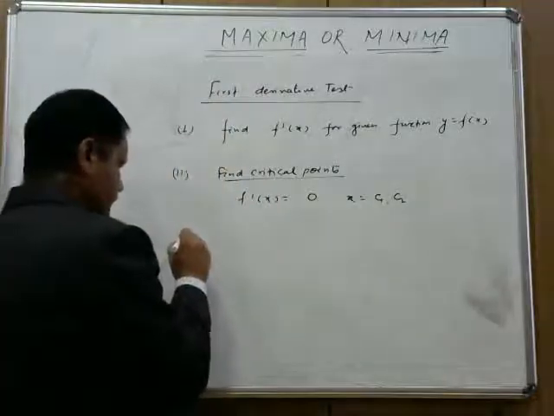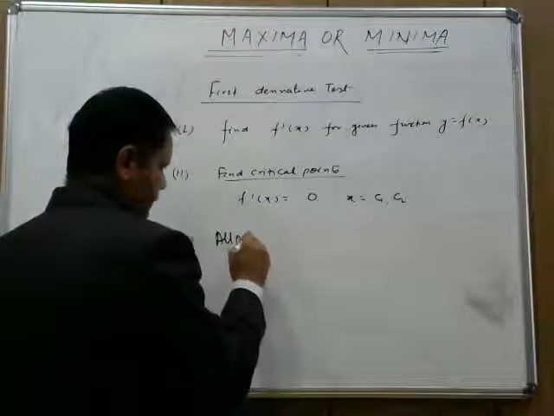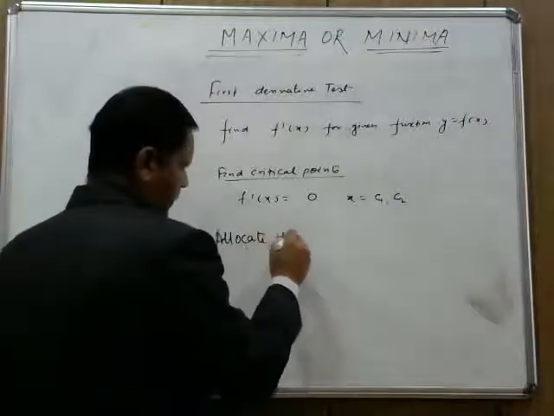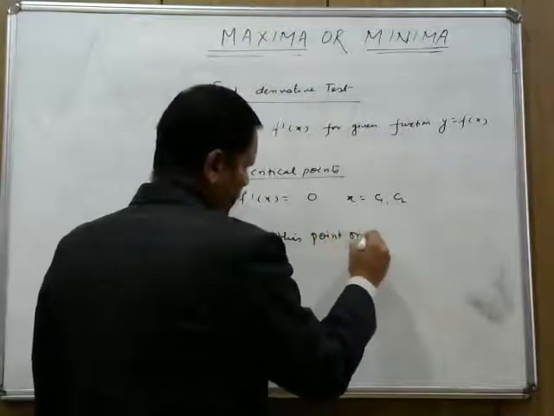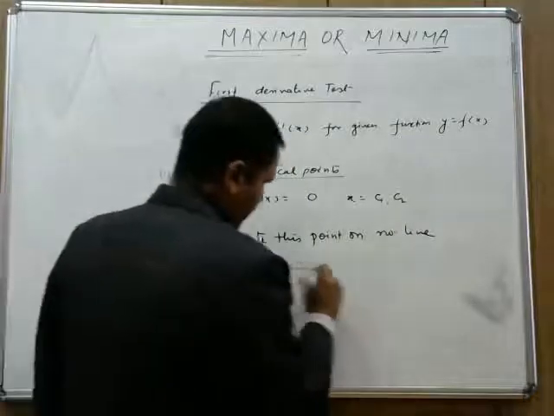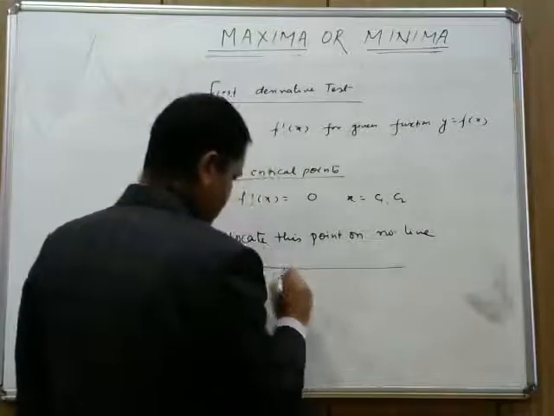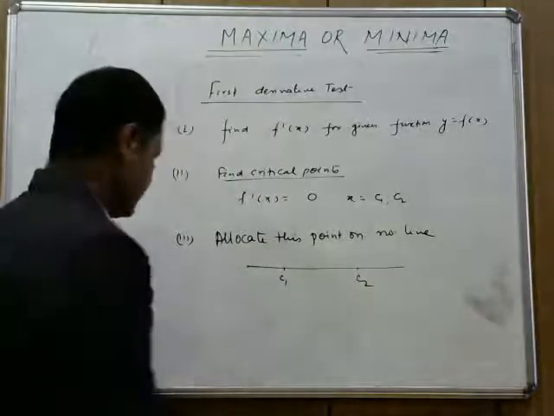Now third, allocate these points on the number line like this, c1 and c2, right?